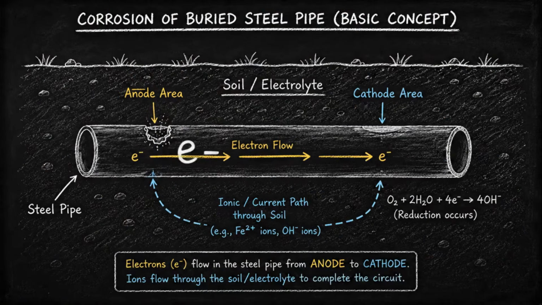Now here is the most important idea. Corrosion is not just a chemical reaction, it is an electrochemical reaction. That means corrosion involves both chemistry and electricity. For corrosion to happen, four things are usually needed: a metal, an anode, a cathode, and an electrolyte. Let's explain these one by one.